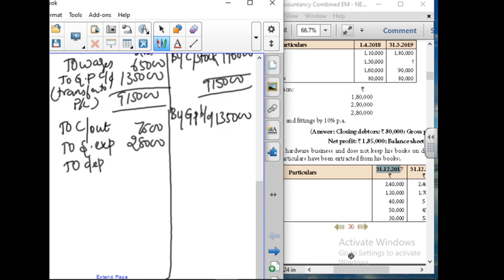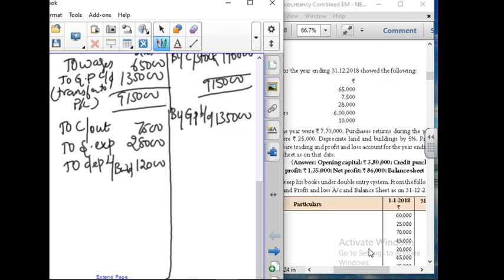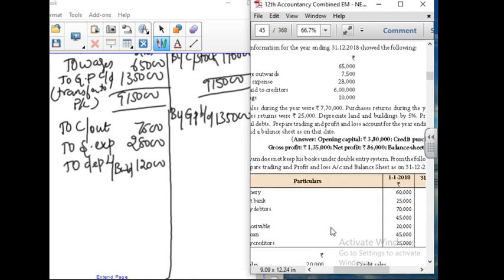depreciation. On depreciation, it is land and building depreciation. So amounted to 12,000. How did you get this land and building depreciation? Just look into the question. Here land and building, 5% they have given.